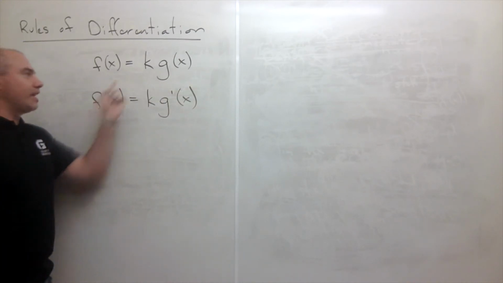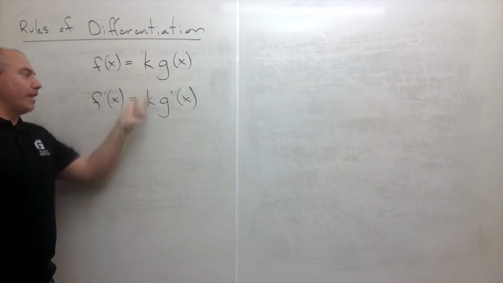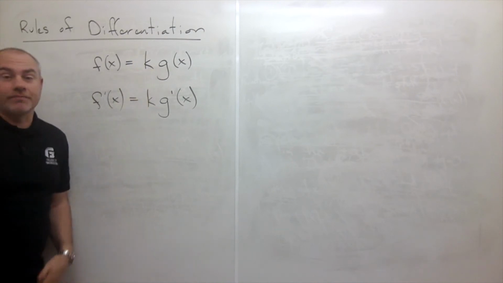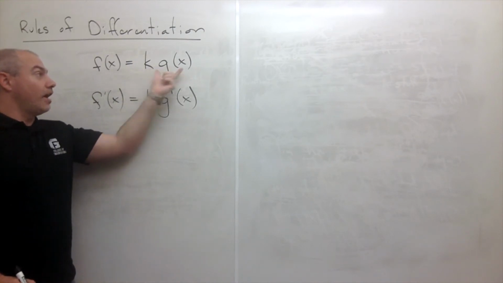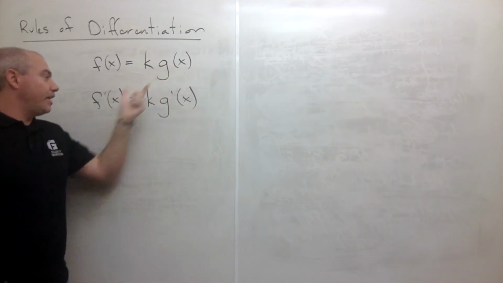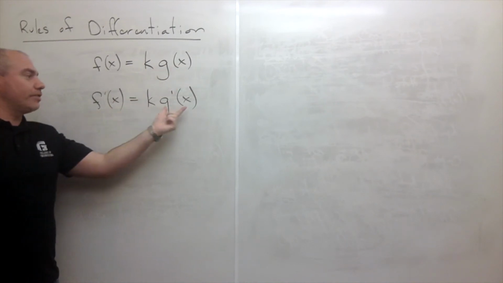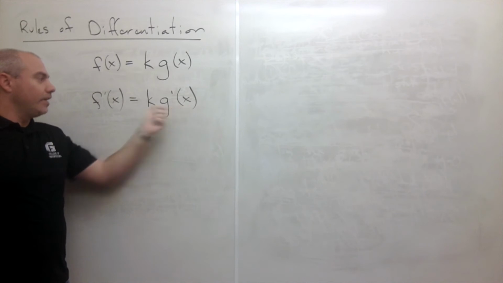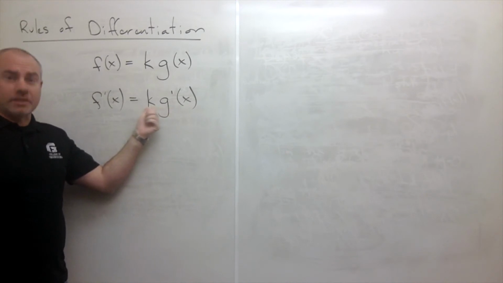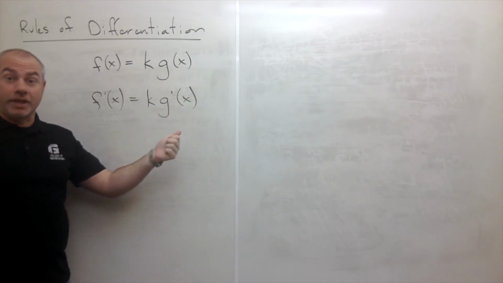So in other words, if there's just a number like 3 or 7 sitting out in front of your function, then you can just take the derivative of the function itself and leave the constant alone as long as it's multiplied.